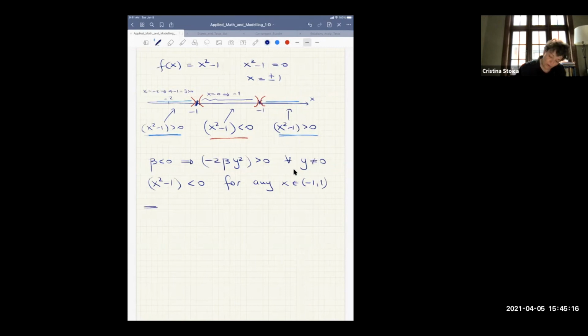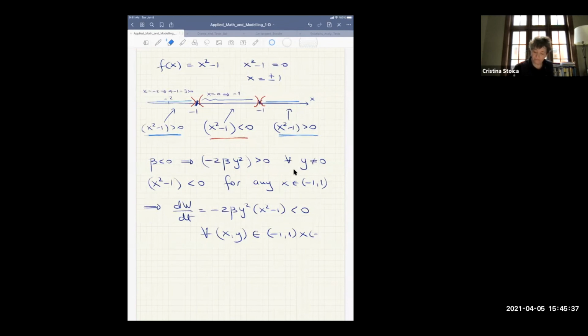So overall, dW/dt, which was -2 beta y squared (x squared minus 1), will be negative for any x and y in (-1, 1) times (-infinity, infinity), or however you want to write it, right?